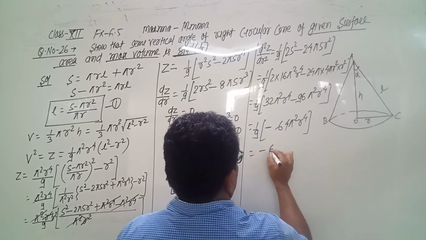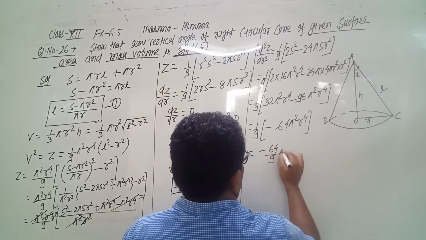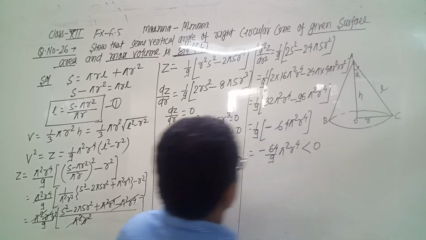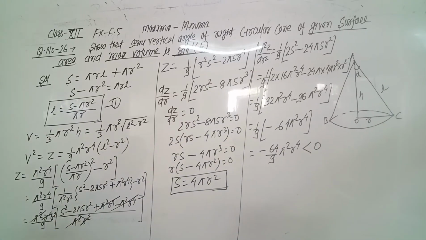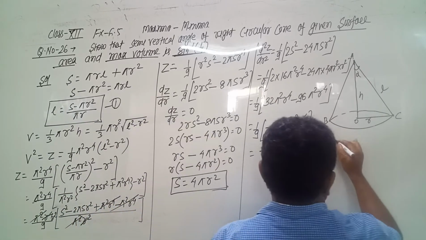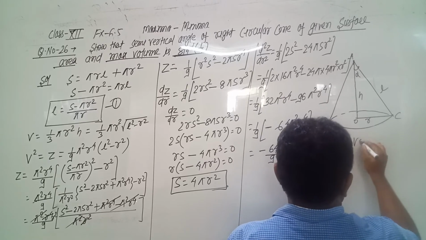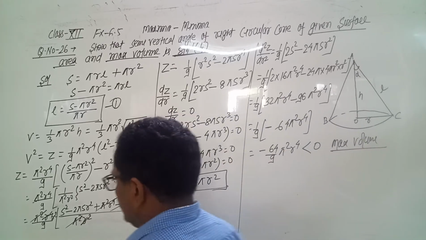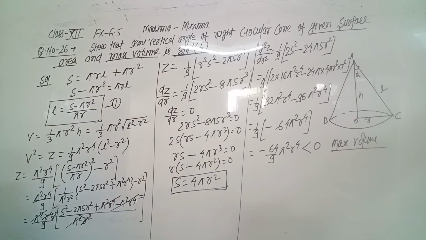So minus 64 by 9 pi² r⁴, which is less than 0. So the double derivative is less than 0, which means maximum volume. Now we have proved that the volume is maximum.